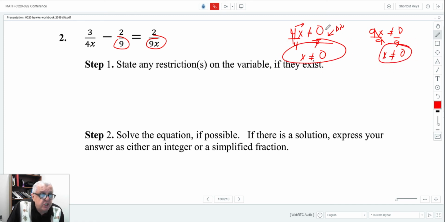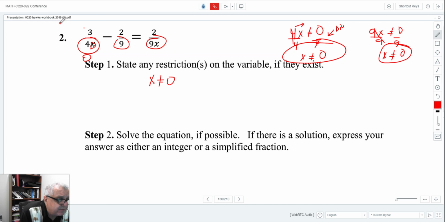So the restriction is x cannot equal 0, because if I put a 0 into the x, this bottom is 0, and 3 divided by 0 is undefined. So you cannot have 0 as an x. That's the only number that will make this fraction undefined.